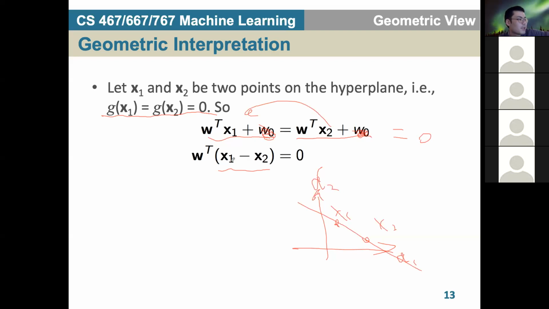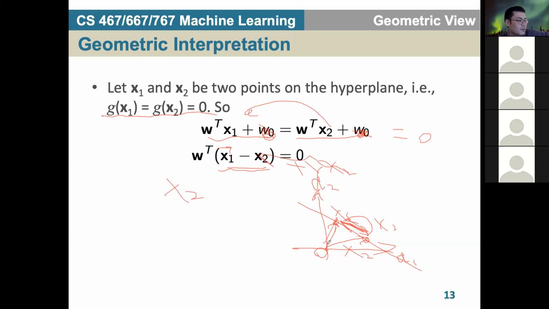By the way, if you subtract two vectors, you get this vector. If you can't see why, use the origin: the first vector is x1, the second vector is x2, and subtracting them gives this vector. If you have x2 and add this vector, you get x1, because the two cancel.